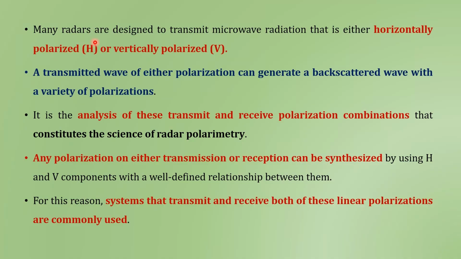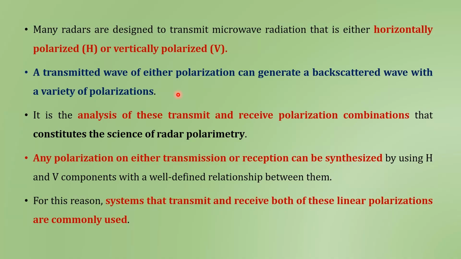Many radars are designed to transmit microwave radiation that is either horizontally polarized or vertically polarized. When this transmitted polarized wave interacts with the terrain, it generates a backscattered wave with a variety of polarizations.